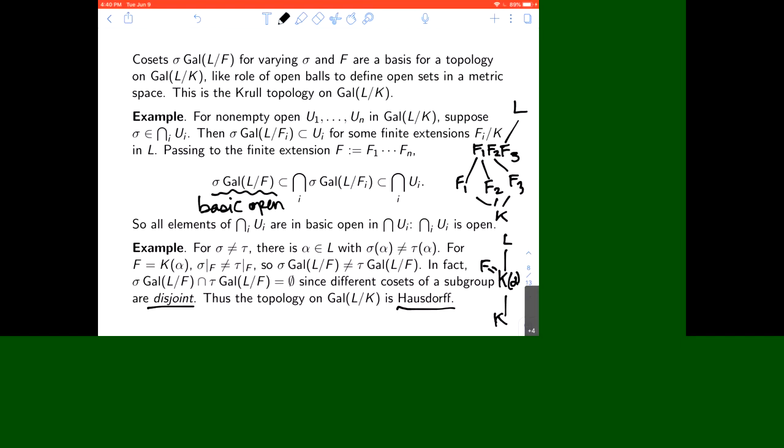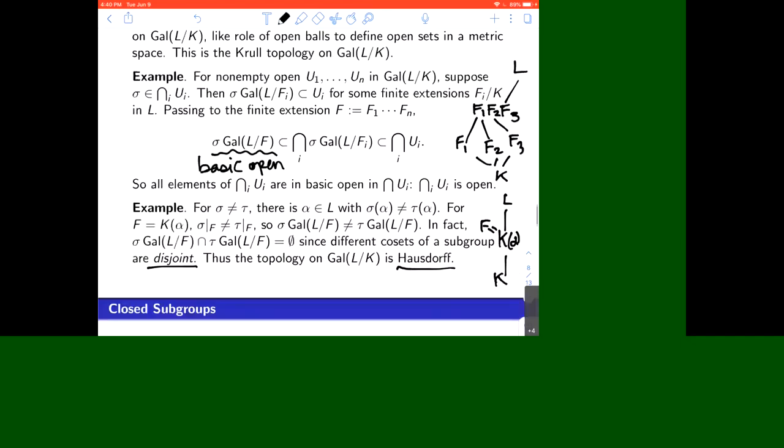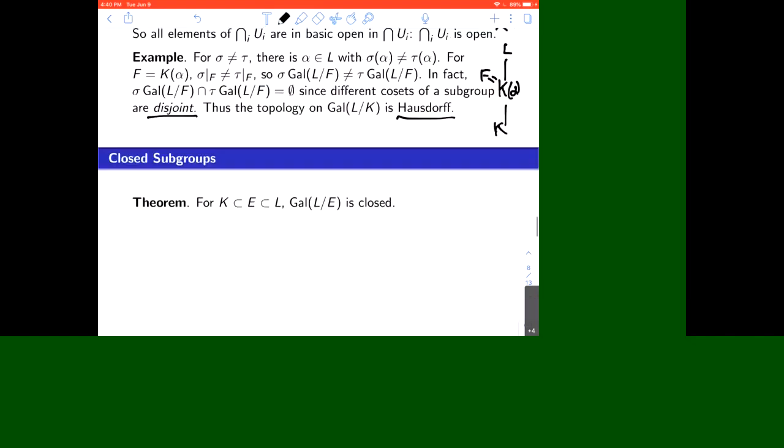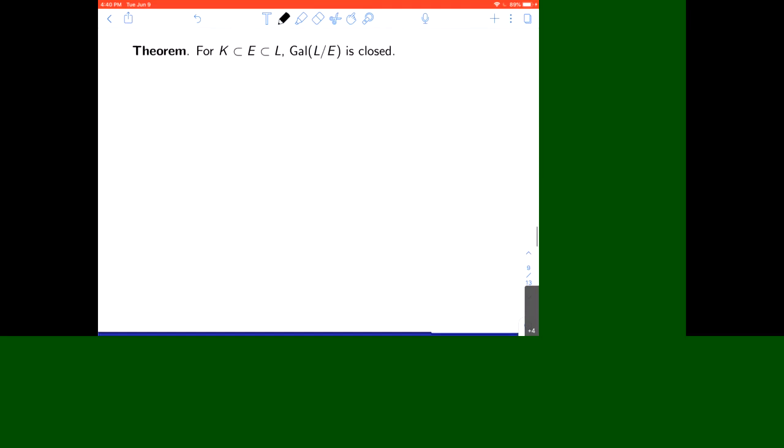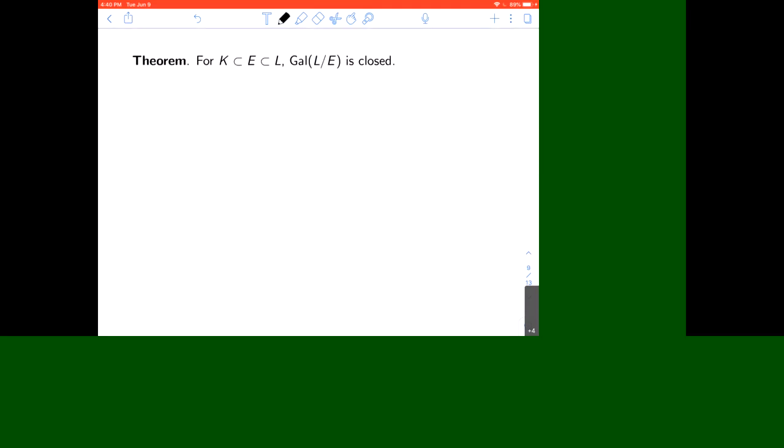Okay? All right. If there are any questions, let's now see with this topology that when you go from an intermediate field to a subgroup in the Galois correspondence, everything flips around.